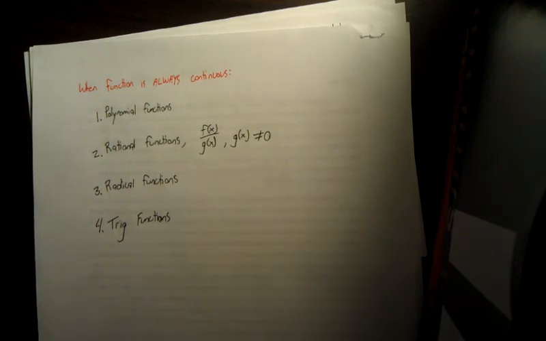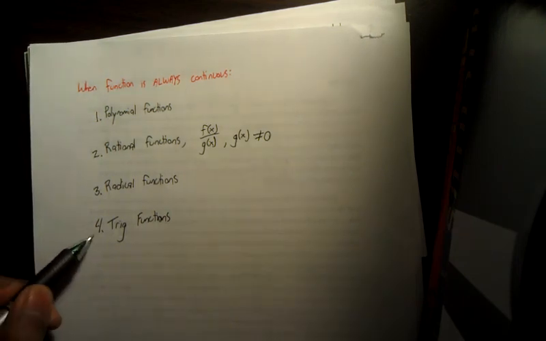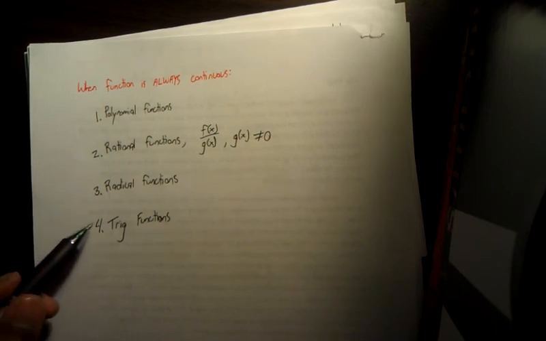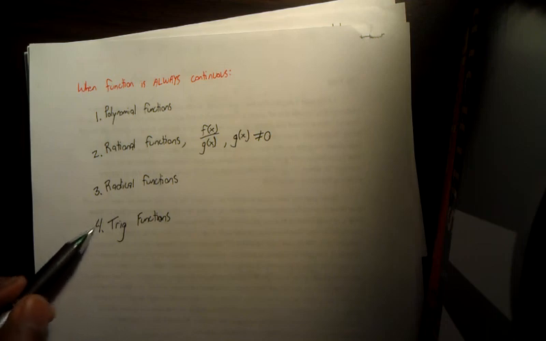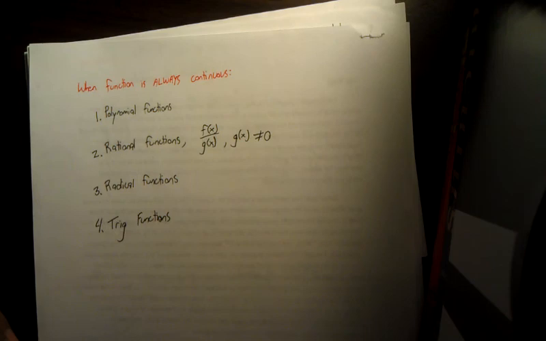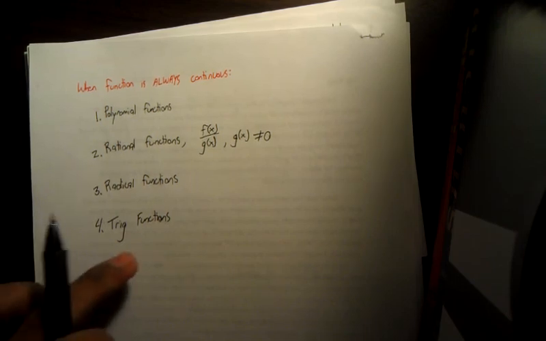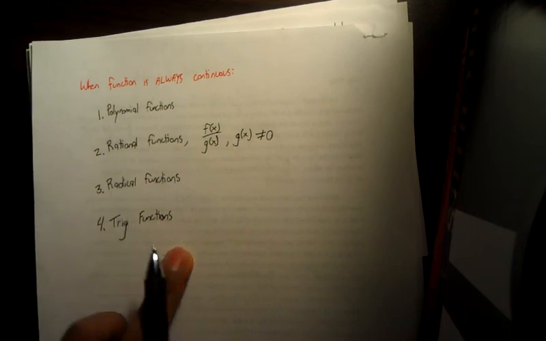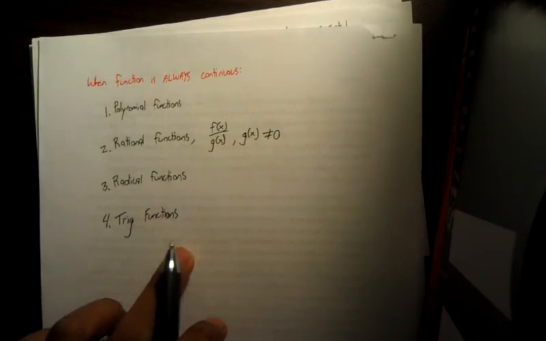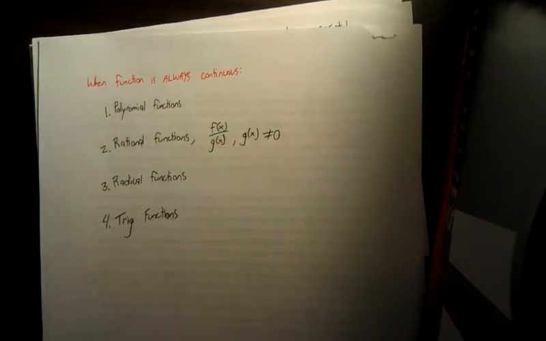And just like radical functions, those would apply to like tangent, cotangent, cosecant, and secant. They're continuous within their domain. Not saying continuous everywhere, but it has to be within the function's domain.